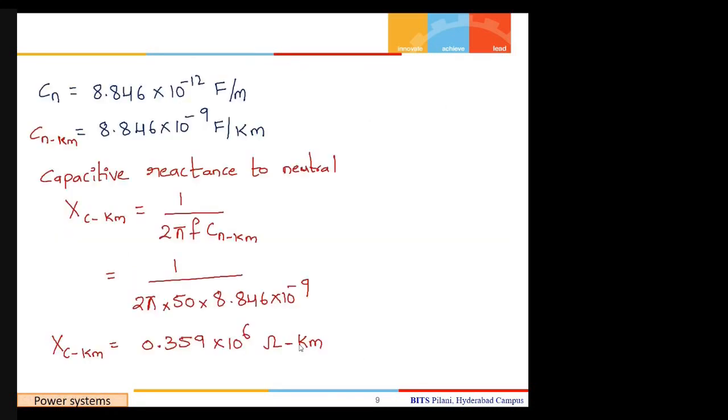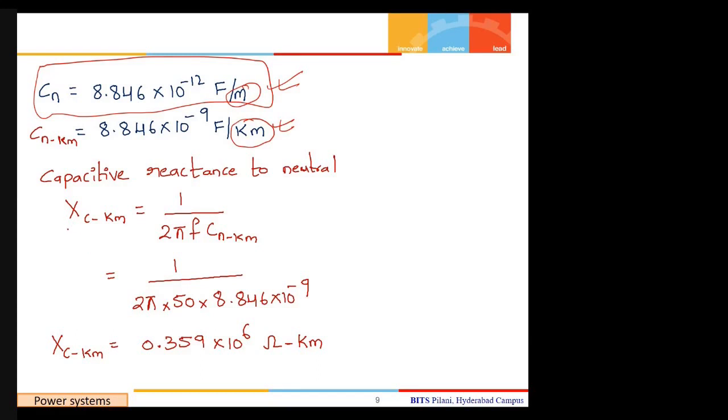Now we can obtain the value of the capacitance of the line Cn, with the same formula we have been using: 2 pi epsilon naught by ln of d by r. So that formula we have to use and obtain the value of Cn. The capacitance per kilometer we have, because here we have meter, so we convert that into kilometer because the total length of the line is given in kilometer.